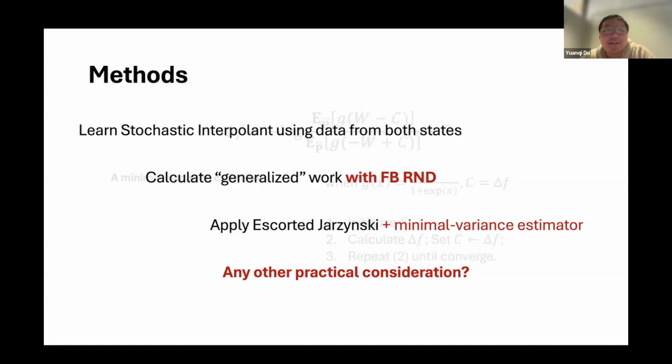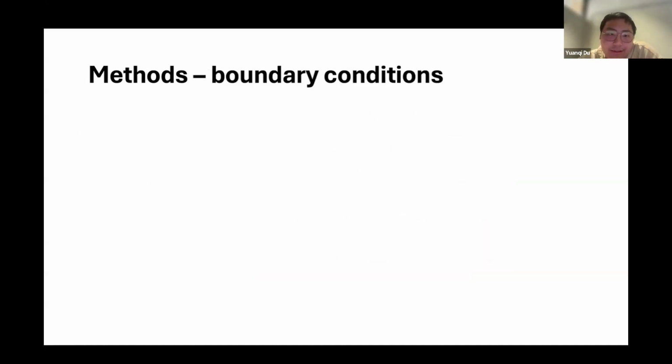Okay, so again, we don't want to calculate a generalized work with the ODE, which I think may recall the same thing as in the nonequilibrium transport sampler paper, the ODE. We actually want to estimate the work by using this forward-backward Radon-Nikodym derivative. Any other practical concerns?